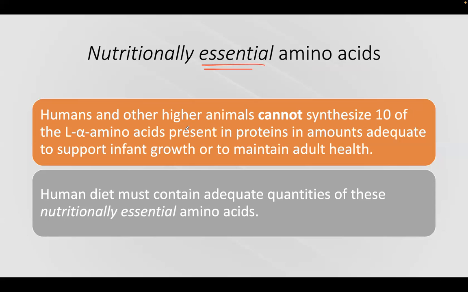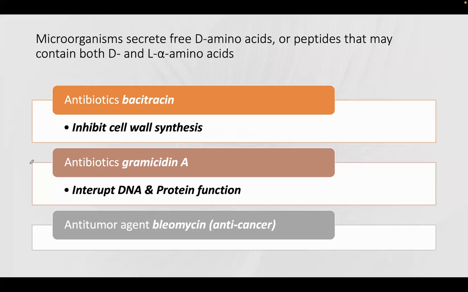Therefore, they have to be provided through the diet. The textbook tells us there is an estimated 10 amino acids which are essential, so please take note of this.